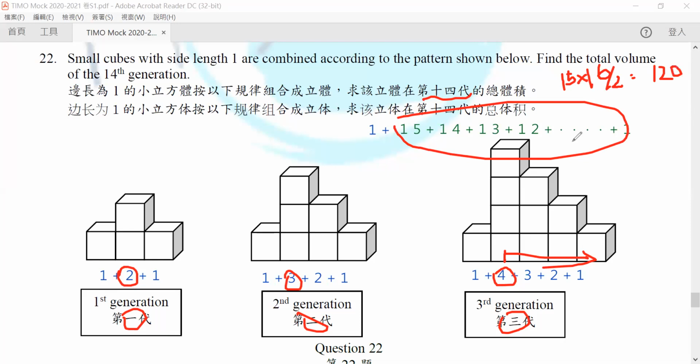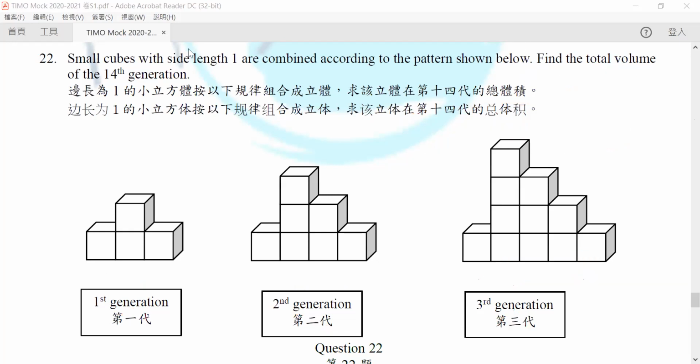So this whole number, when added to 1, gives us 121. So the answer is 121. It's just as simple. So this is actually a very simple pattern. Okay, next question.